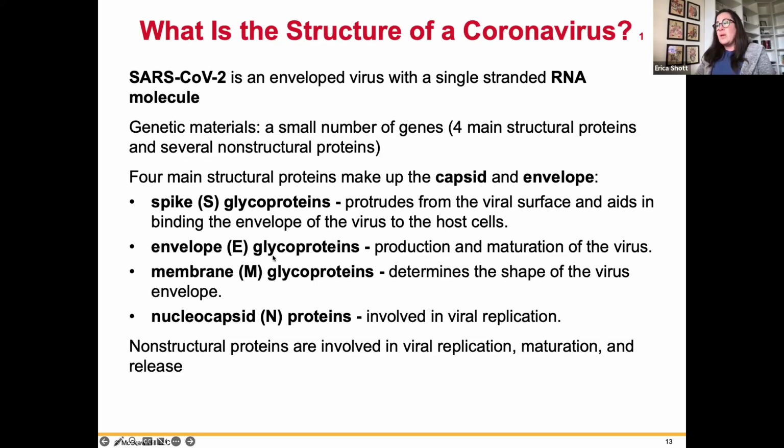Then we have envelope, E, glycoproteins. These are involved in the production and maturation of the virus. Membrane, M, glycoproteins determine the shape of the virus envelope. And then the nucleocapsid proteins, which are involved in viral replication. There are some non-structural proteins involved in viral replication, maturation, and release.